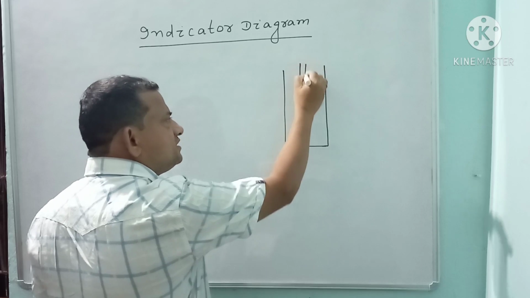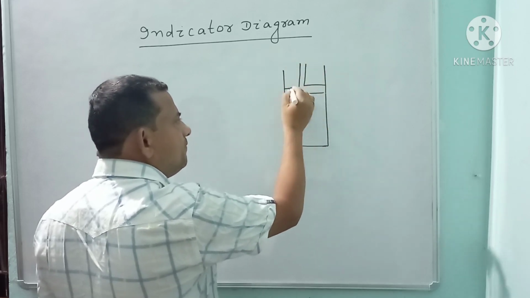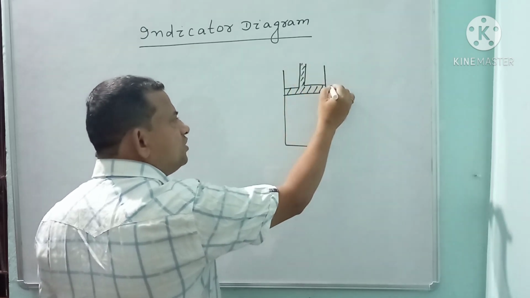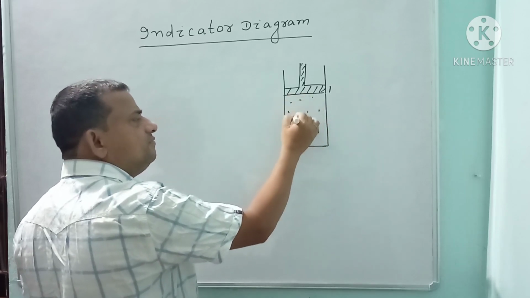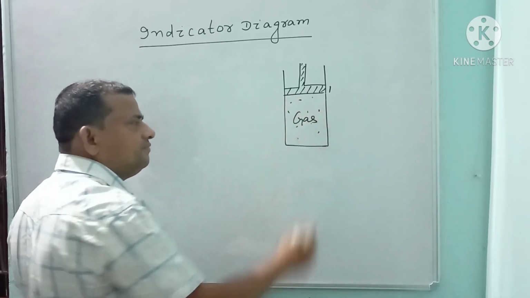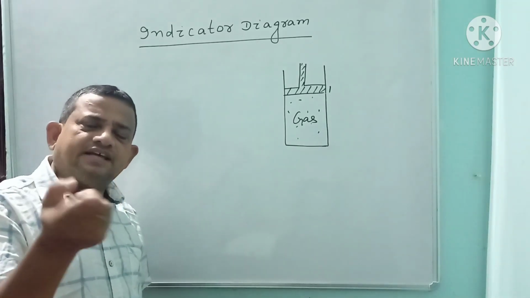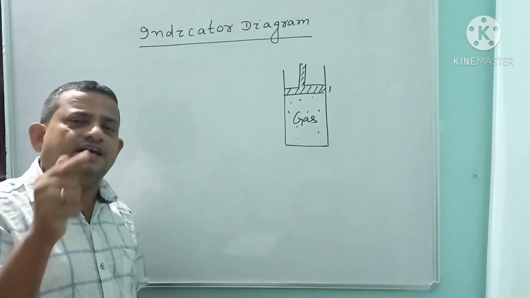It has a piston. At position 1, it contains gas or system. Students, you know gas has pressure, gas has volume, gas has temperature.